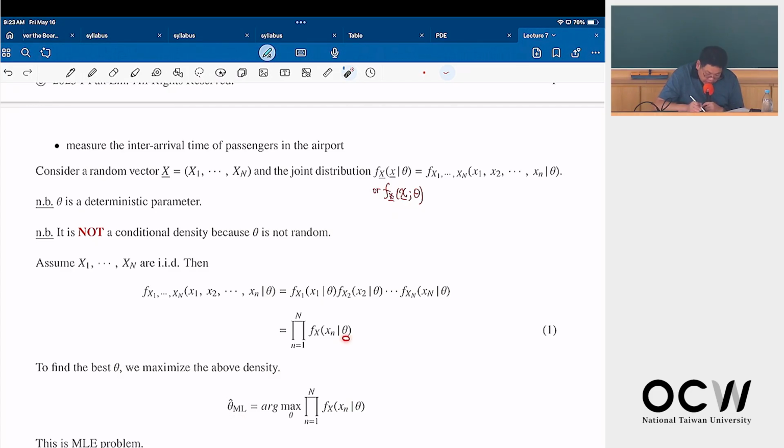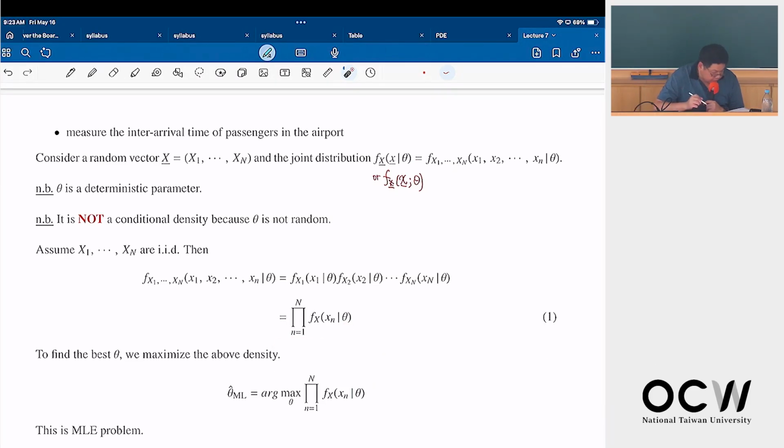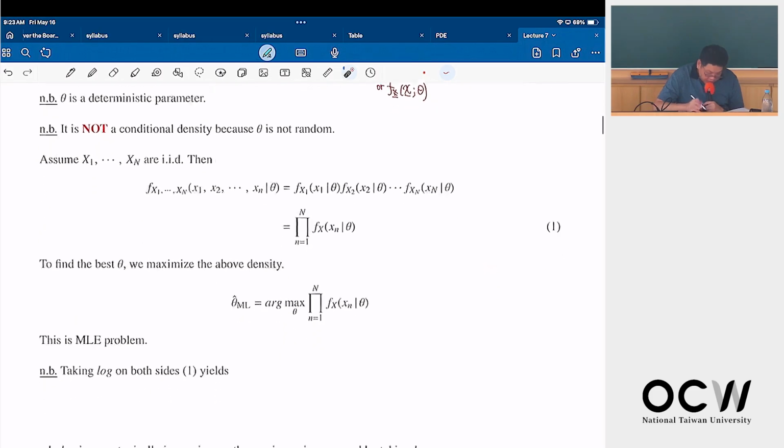So to find the best theta in equation 1, what should we do? First, we can take the log.